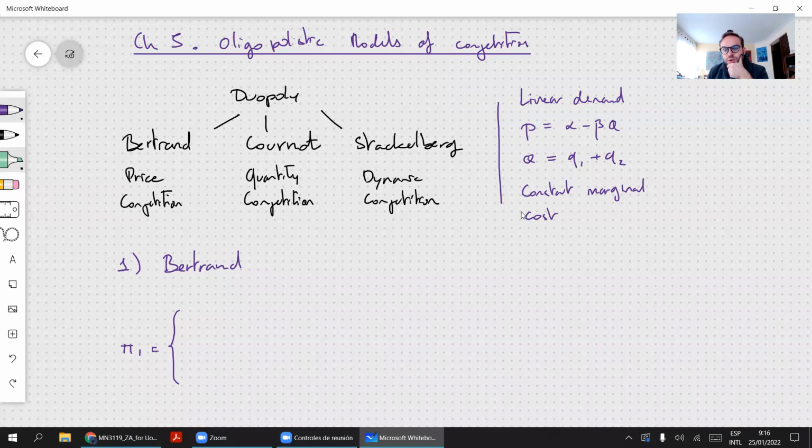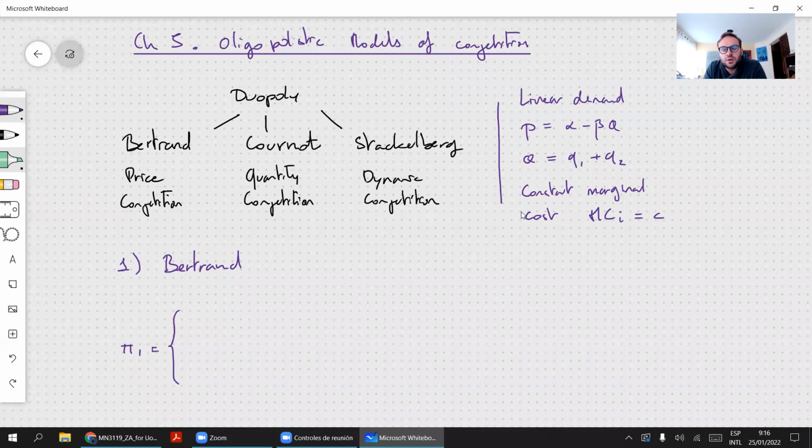So I'm going to suppose that the marginal cost of any enterprise is the same for both, and it's lowercase c. In the subject guide, I use numerical values. I'm going to avoid numerical values so that I can be a little bit more general. Obviously, these principles should be very similar.